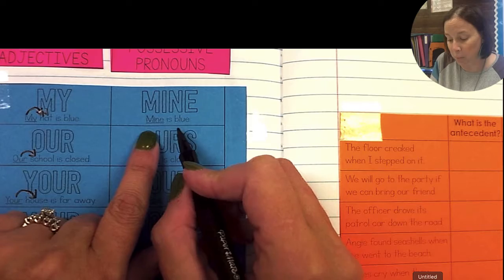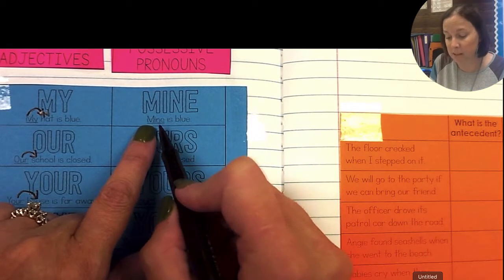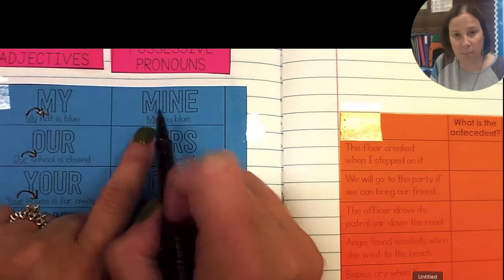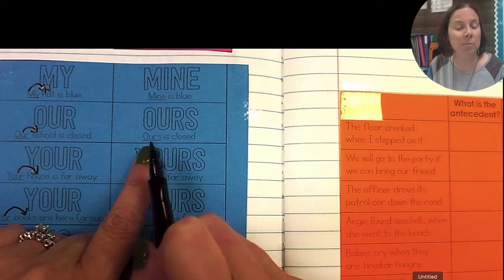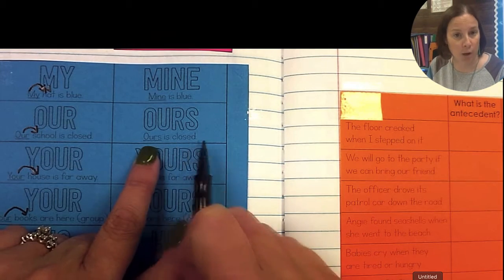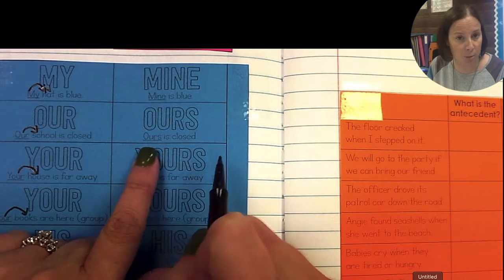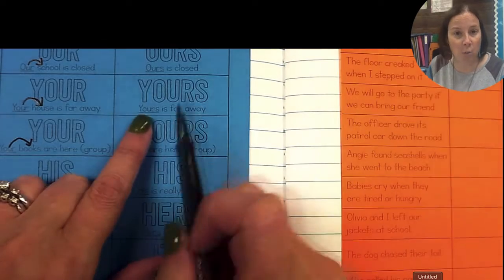So mine is blue. What is blue? Mine. So I could say Mrs. Thompson's is blue. This takes the place of a noun. Ours is closed. Mrs. Schneider and my doors are closed. So ours is closed. I can replace that with two names. Yours is far away.